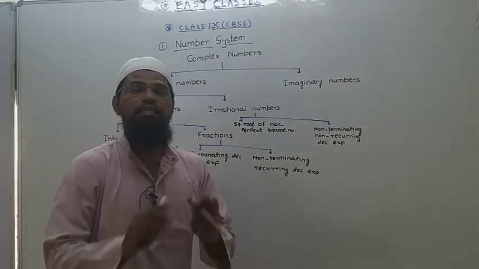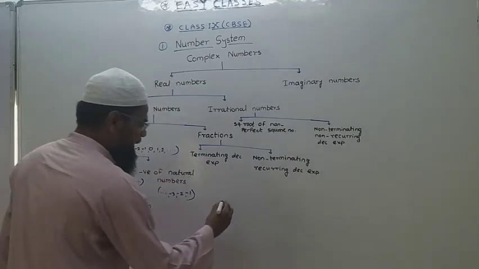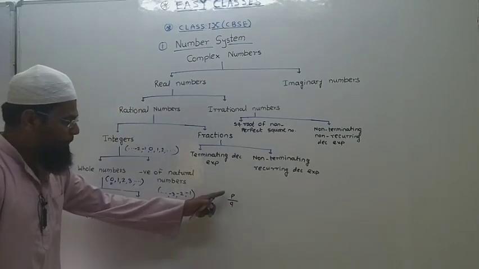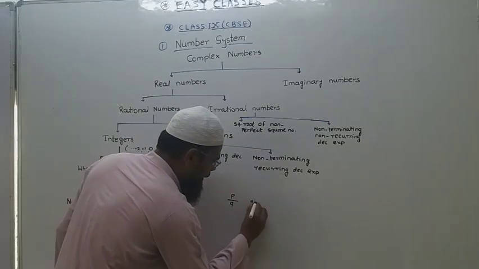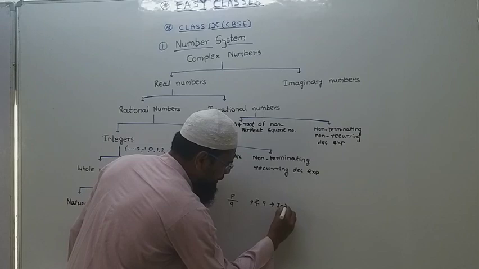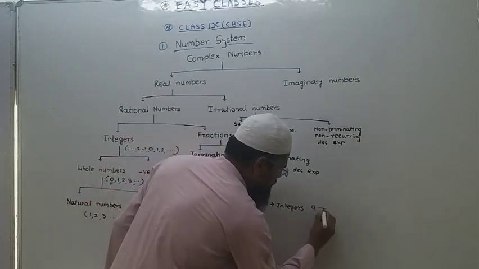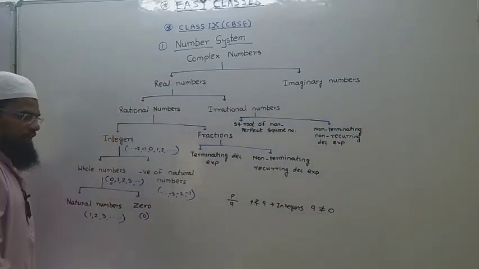Rational number is nothing but a number which can be represented in P upon Q format, where P and Q both are integers and Q is not equal to 0.